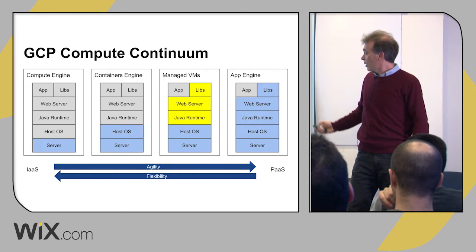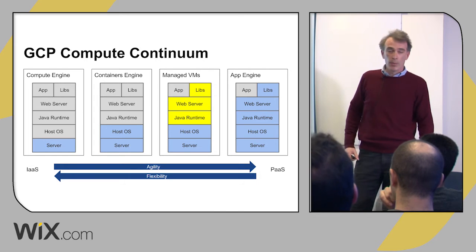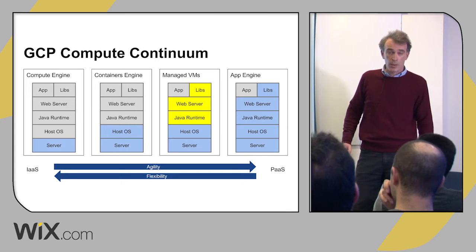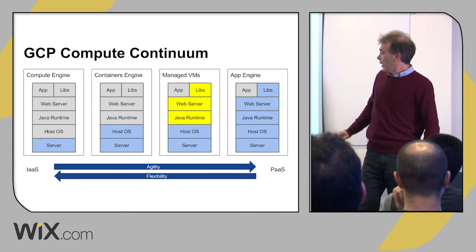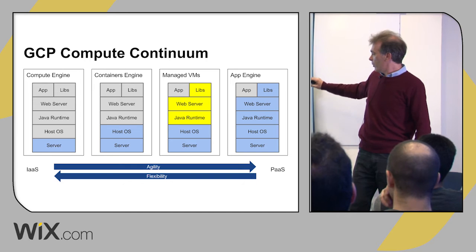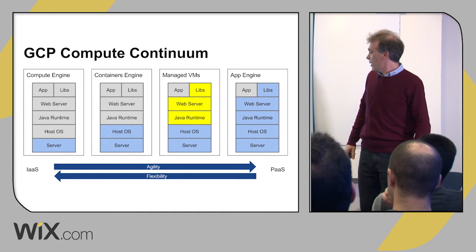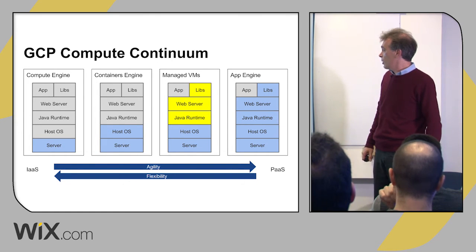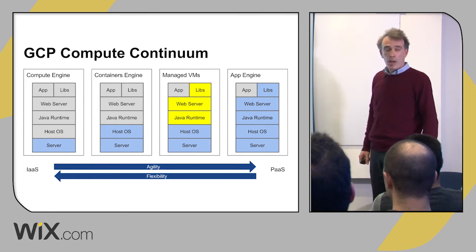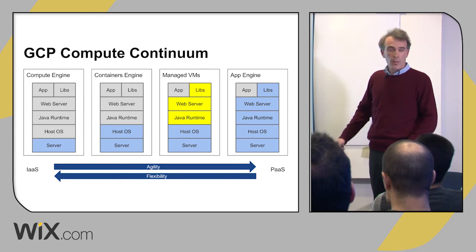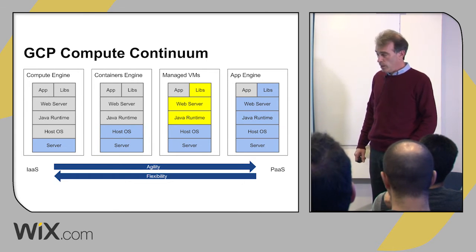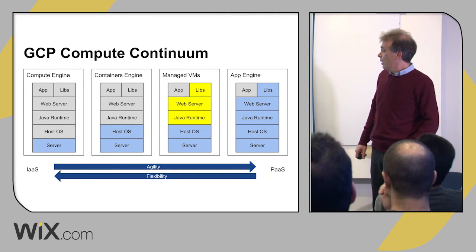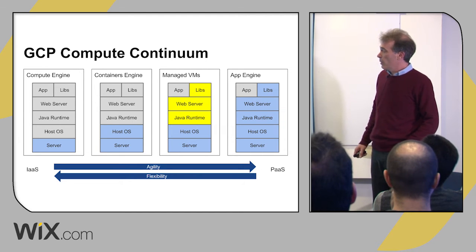Let's take a look at an example of an application in the Java and Scala stack that we are using here. We have a server, we have our operating system, Linux in our case, we have the Java runtime, we have a web server, Jetty, we have libraries and external binaries, for example, the New Relic agent, which is installed on the system, and we have our application.